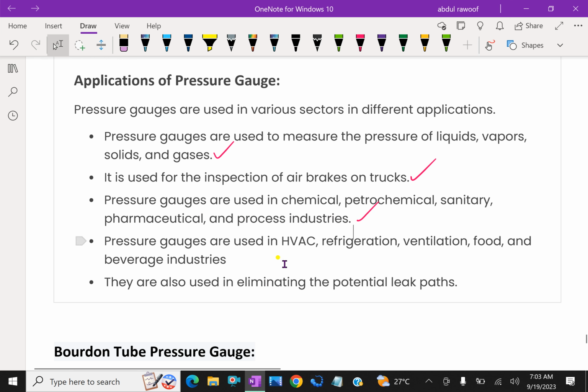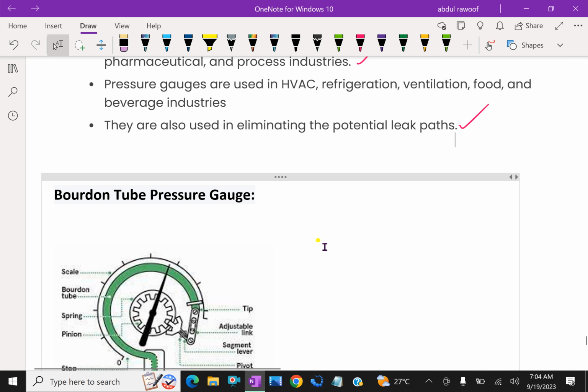Pressure gauges are used in HVAC, refrigeration, ventilation, food and beverage industries. They are also used in eliminating the potential leak paths. By measuring the pressure in a particular area, we can identify leaks of the fluid from inflated tires and pipelines, because of pressure difference due to leak.